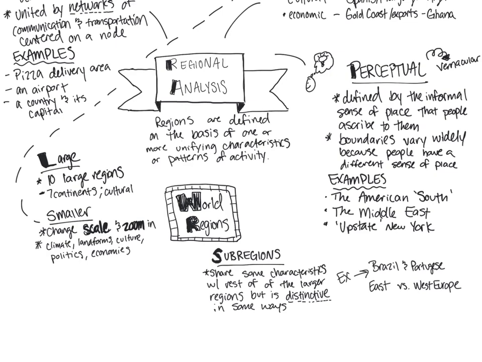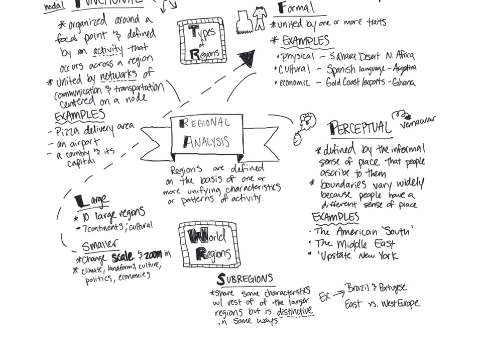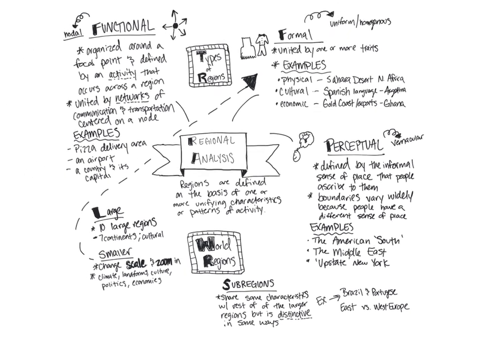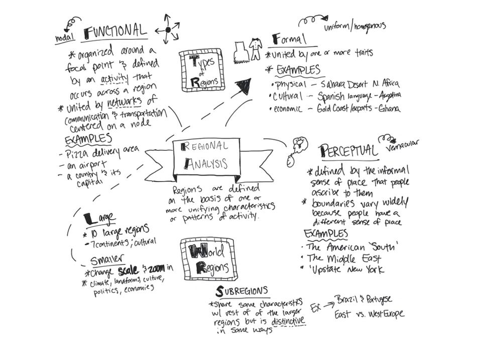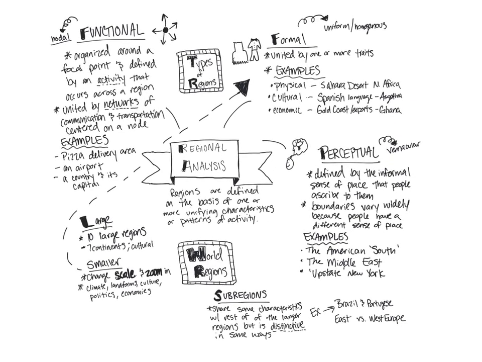So that's all that I had for you. I wish we could have done this in class, but we didn't get to that today, so that's fine. You need to take notes somewhat like mine. I mean, you don't have to attempt the sketchnoting like I do, but I do want you to have all of these things written down that I have: formal, functional, perceptual, and then with the world regions, large, smaller, and subregions, okay?